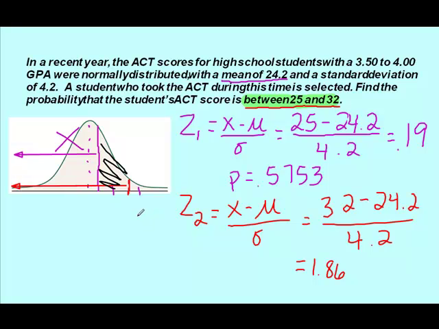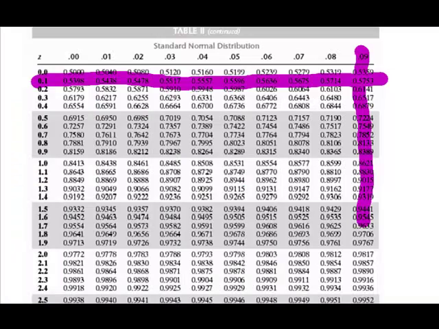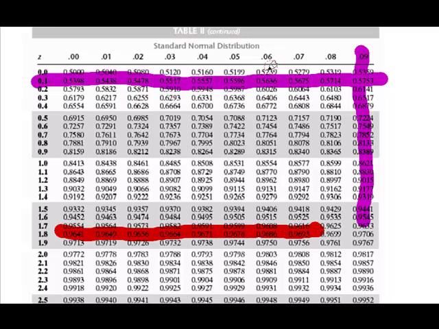Something you didn't know that you now know. 1.86 has a probability. What is it? 1.86. A little hard to read, but I'm trying to color code here. 0.9686.